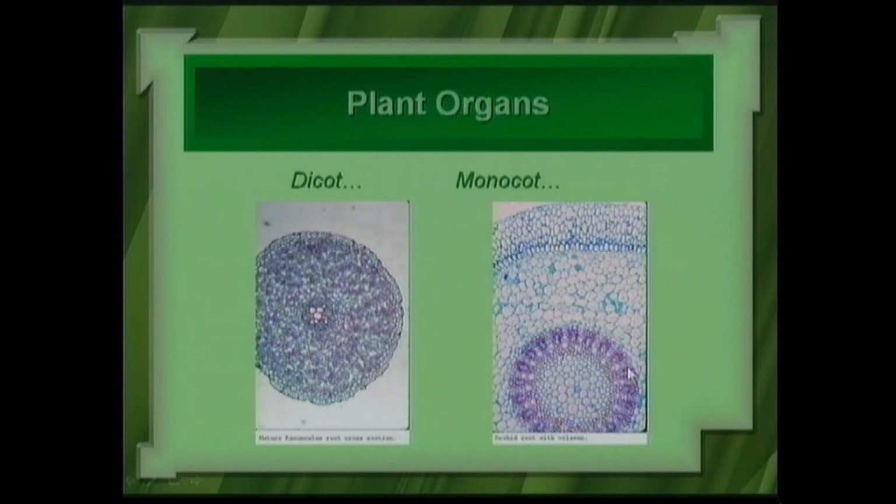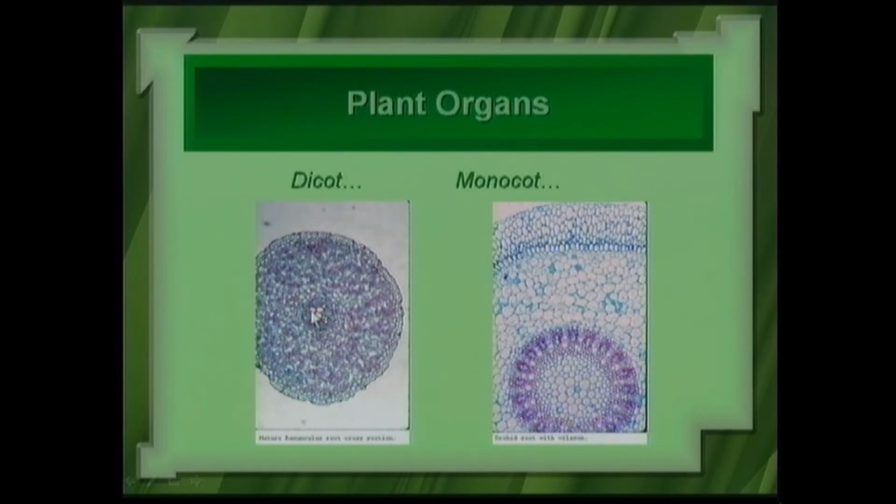Anyway, looking at this within this vascular cylinder. So here's the vascular cylinder inside this monocot. Generally, these areas here with the holes in them look like large cells. These are xylem cells here, xylem. And between them, you'll have the phloem. So you can tell the difference between a dicot and a monocot root cross-section just by looking at that.